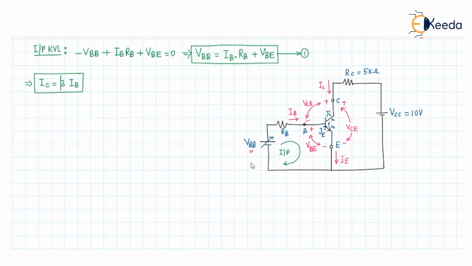So right now it is in the active region. So in the active region we can say that the IC current will be equal to beta times IB.